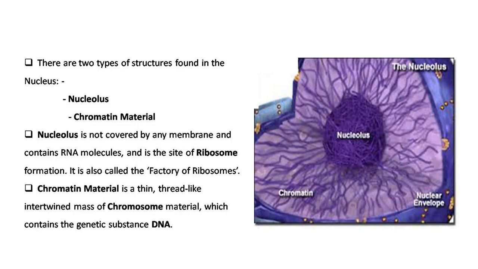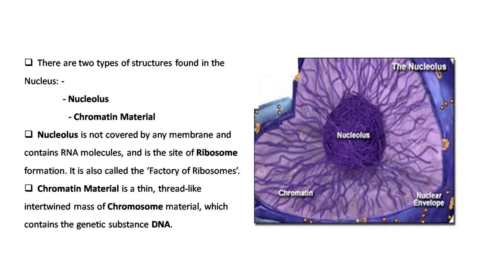There are two types of structures found in the nucleus: the nucleolus and the chromatin material. As you can see in the picture, the nucleolus is not covered by any membrane, and it contains RNA molecules and is the site of ribosome formation.